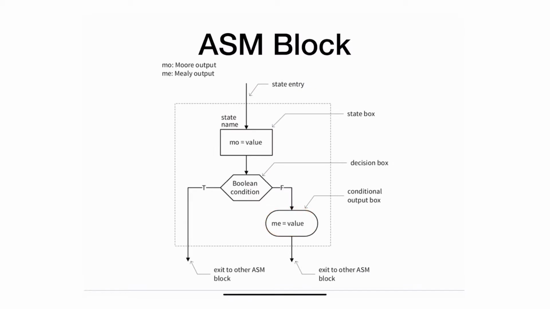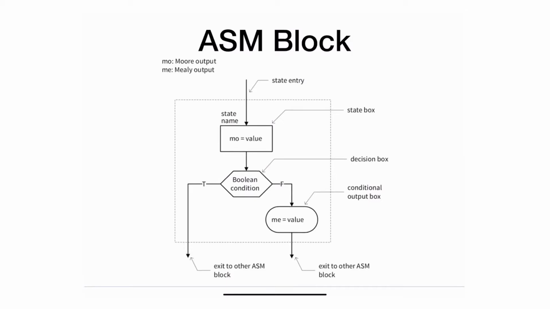This is where you put your Mealy output, because it depends not only on the current state but also on the input, which is usually embedded in these conditional statements. After you follow a certain path from the entry to the output, you exit to another ASM block based on the conditions.